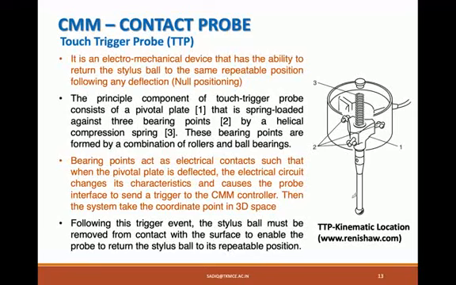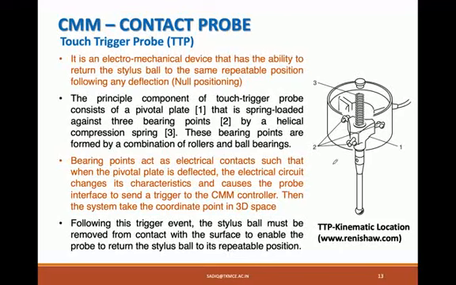This is a stylus that will come back to the original position, and that is called null positioning. In touch trigger probes, there are certain elements called pivotal plates here, that are spring loaded by an open coil spring from the top, and the pivotal plates are supported on 3 location pivots, which are supported on ball points on bearings here.